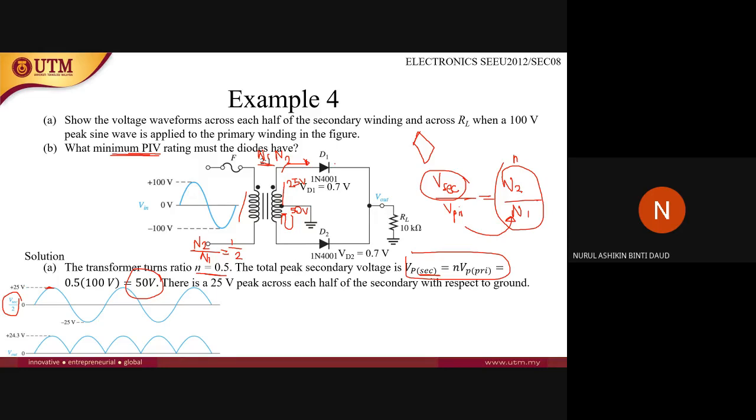But at V out, you have to consider the diode drop, which is 0.7. So 25 minus 0.7 gives you 24.3. That's why the value here is 24.3, because you are considering the diode drops of these diodes. Okay, next, what is the minimum PIV?